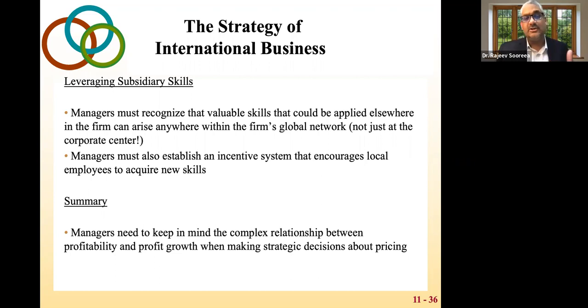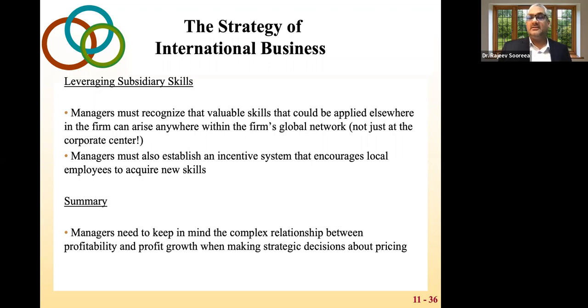Now, just like I said earlier, subsidiary skills are very important, right? If I am Apple, I have Apple in China, so that becomes a subsidiary. It is an Apple firm, it belongs to Apple, but it's operating in China. So this is Apple China, a subsidiary. Managers must recognize that valuable skills that could be applied elsewhere in the firm can arise anywhere in the firm's global network.